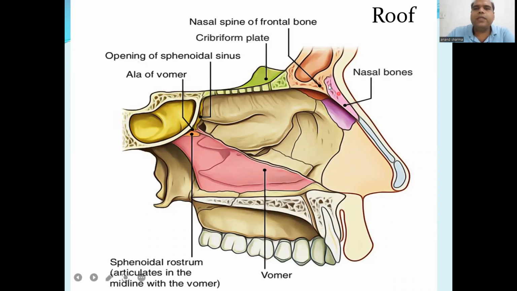Anteriorly, this is the nasal bone, then the nasal spine of the frontal bone, then the cribriform plate of the ethmoid bone, and posteriorly there is the sphenoid bone. So this is how the roof of the nasal cavity is formed.